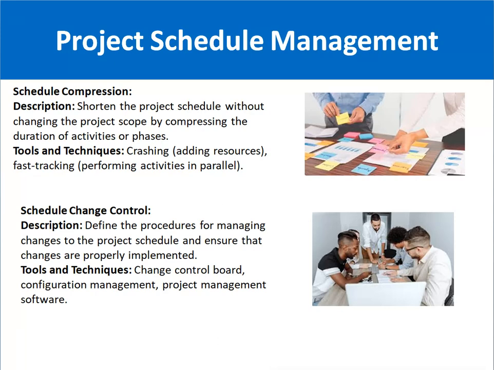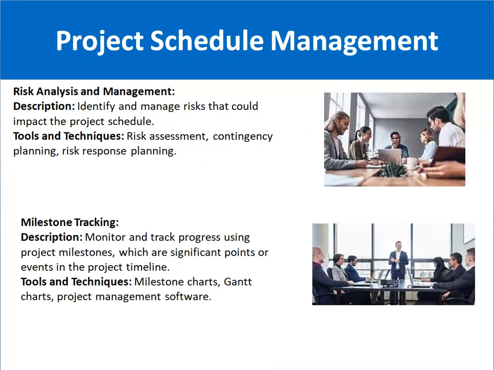Then schedule change control means defining the procedures for managing the changes to the project schedule and ensuring that changes are properly implemented. Normally there are change control boards in many organizations, which check that if any changes are there, they should be properly approved or rejected.